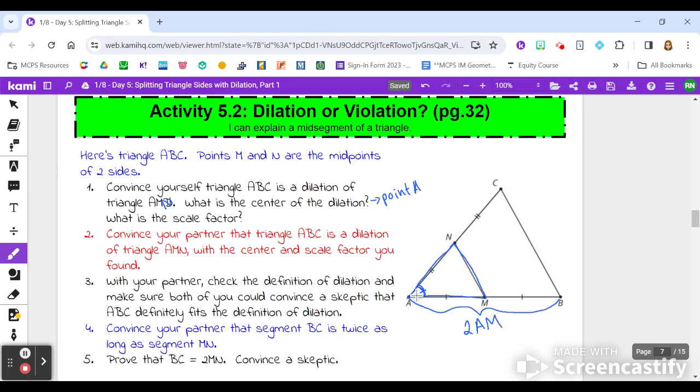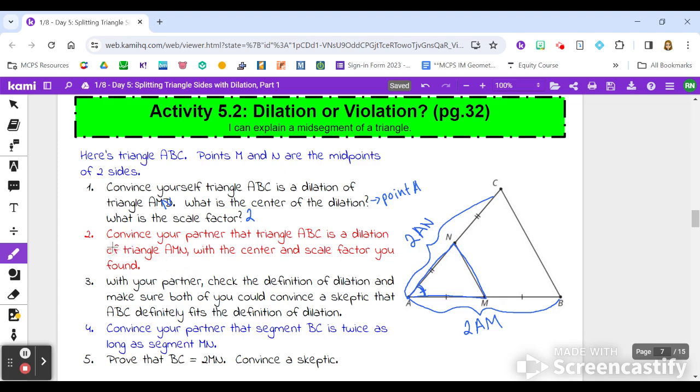And we can also see that over here with AC. AC has 2 segments, AN and NC, making up this side of our triangle. And the segments are congruent. So we have 2 times the length of AN is equal to the length of this segment. So our scale factor ends up being 2.